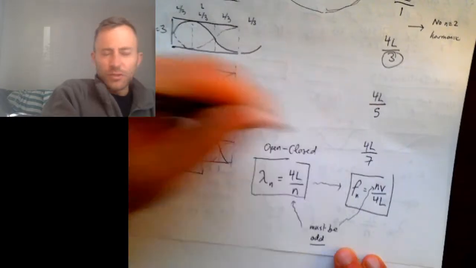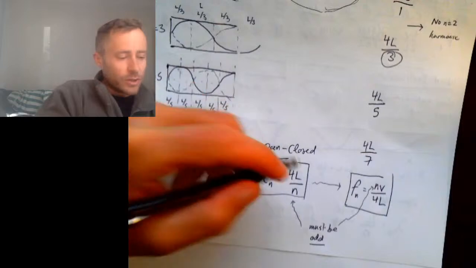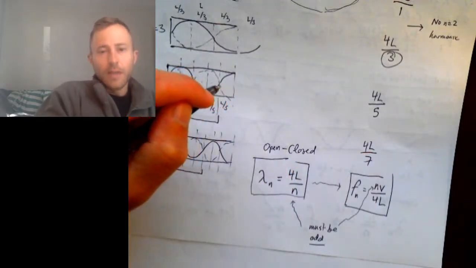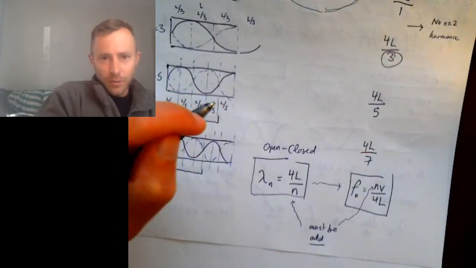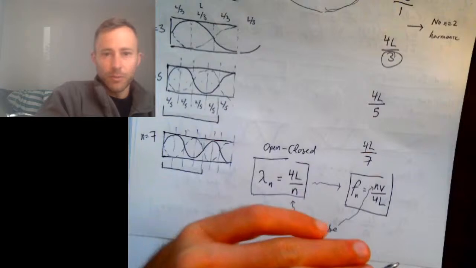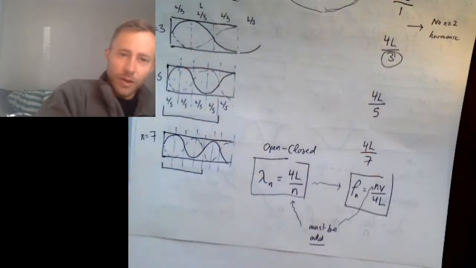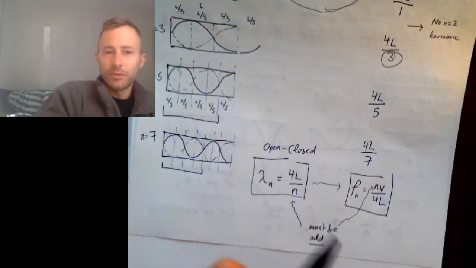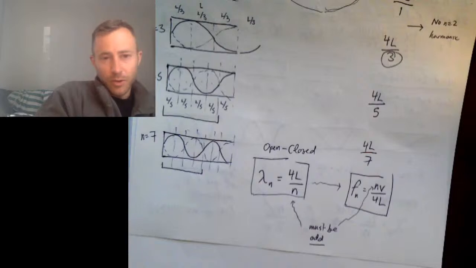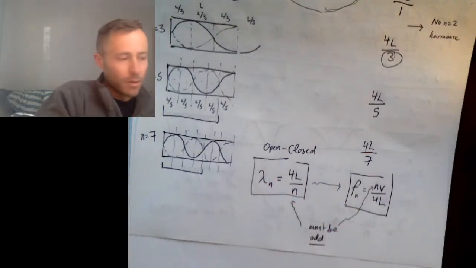There's just a slight difference in that the equation has a 4 instead of a 2. The other difference is that you can only have odd harmonics for open-closed instruments. So if I asked you something like, what is the frequency of the 12th harmonic of this open-closed instrument, you would say it doesn't exist, because 12 is an even number.